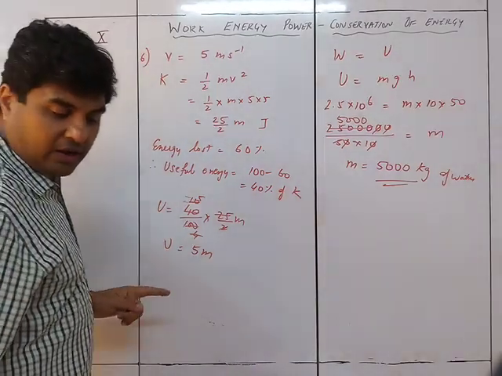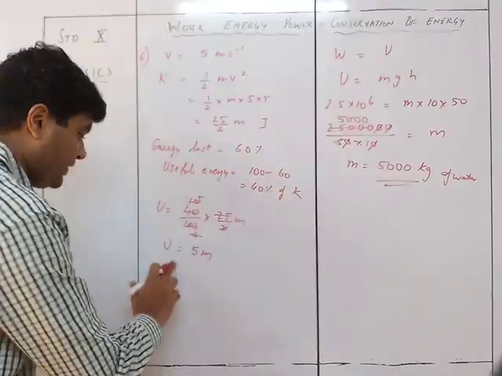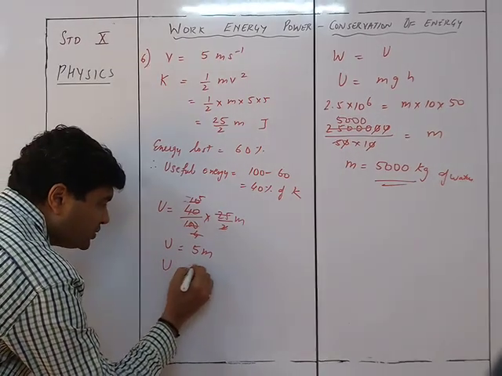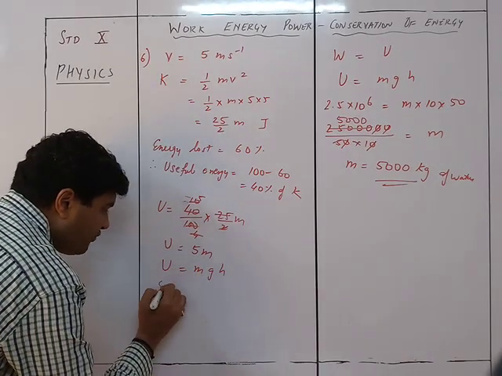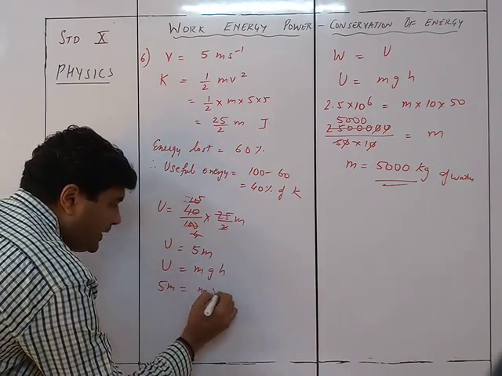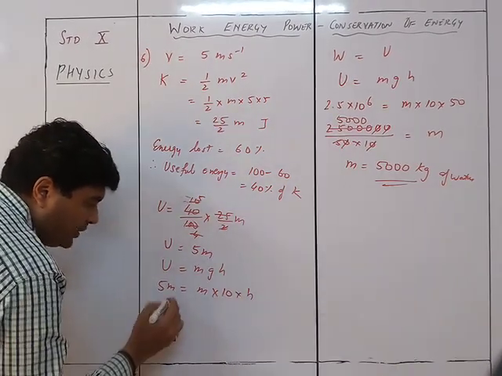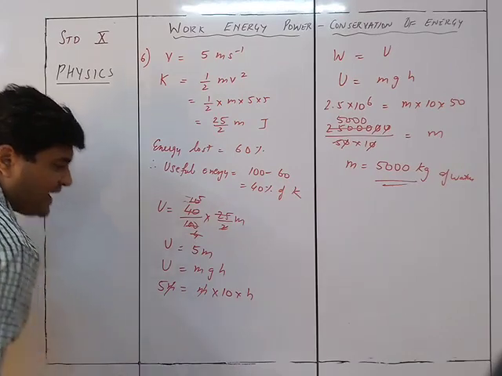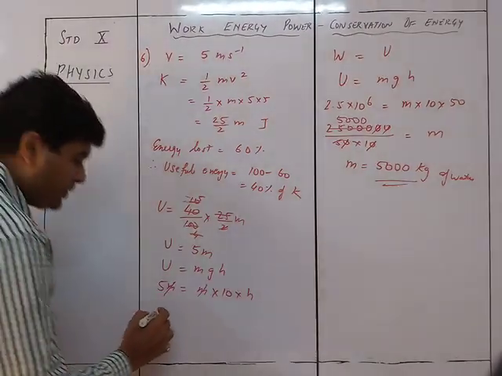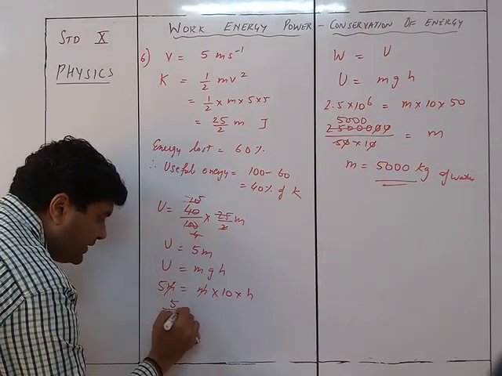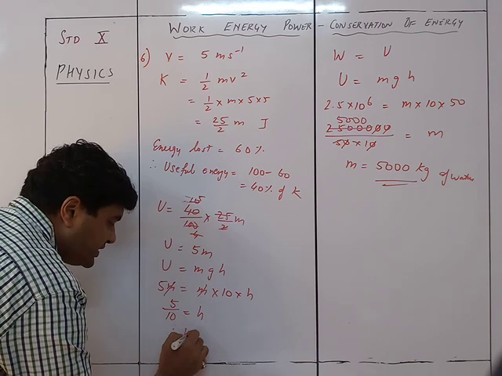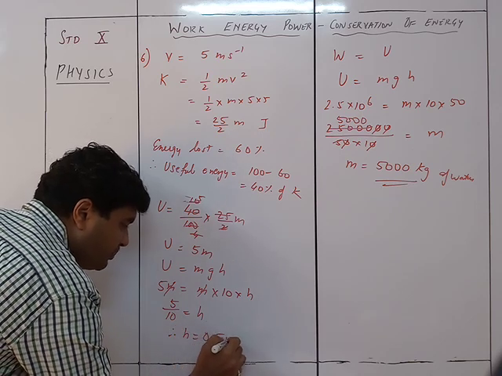What we need to find out now? The height it is going to reach. So we now know that U is equal to mgh. So 5m is equal to m into 10. g will be 10 and h is what we need to find out. So m gets cancelled and accordingly 5 upon 10 is equal to h. Therefore h is equal to 0.5 meters.